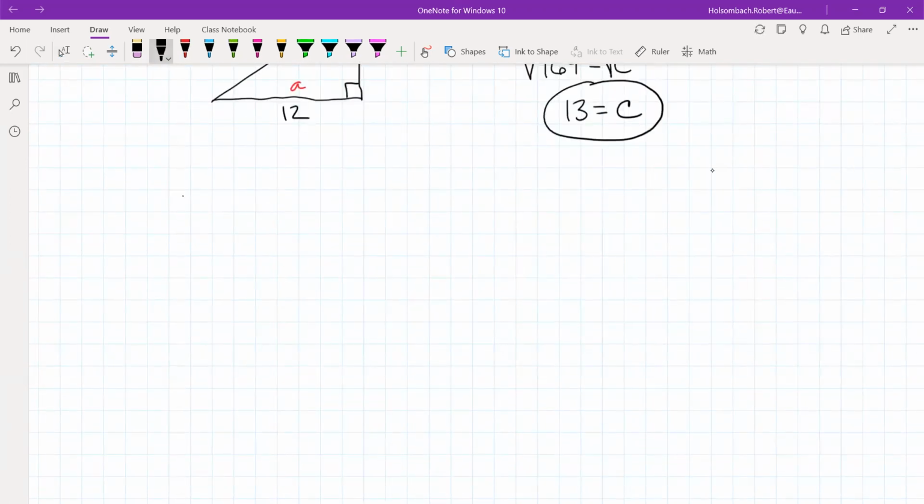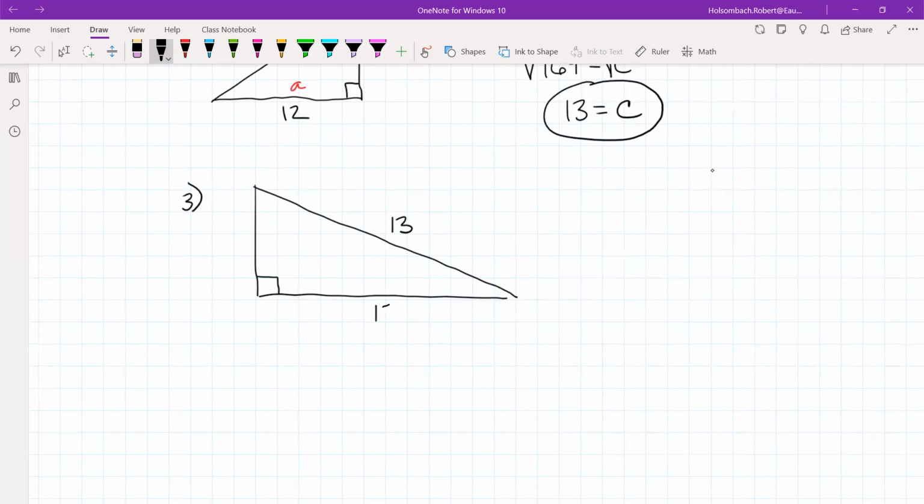Number 3, same instructions. Side lengths, we have a hypotenuse that's 13 and one of the legs that's 12. So I'm labeling the two sides that form the 90 as A and B. The hypotenuse is always C. So now we've got A squared plus 12 squared equals 13 squared.